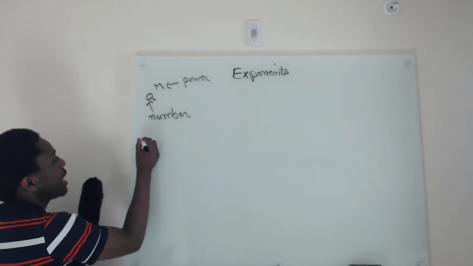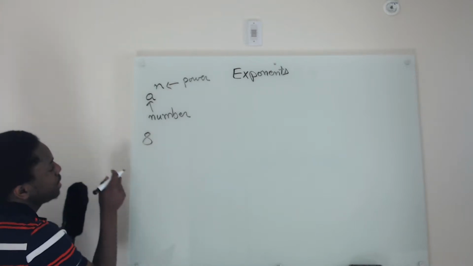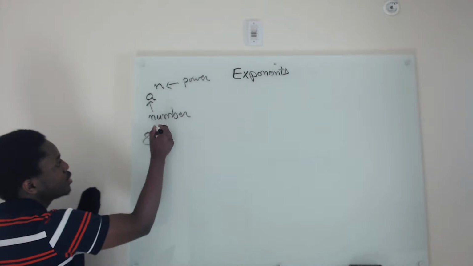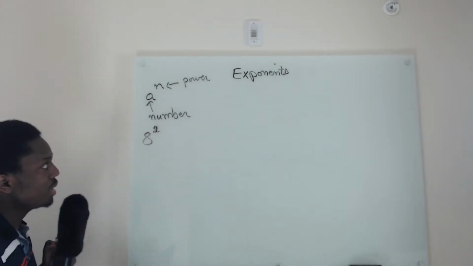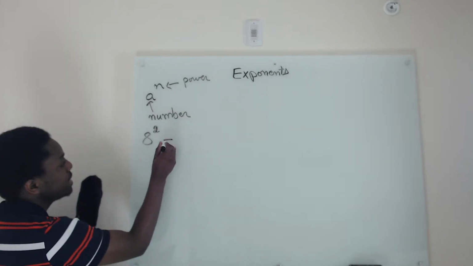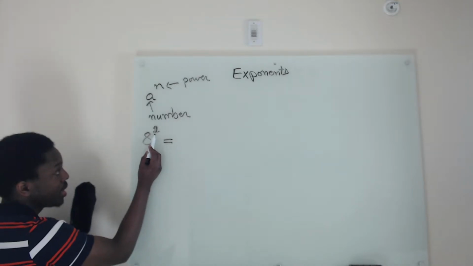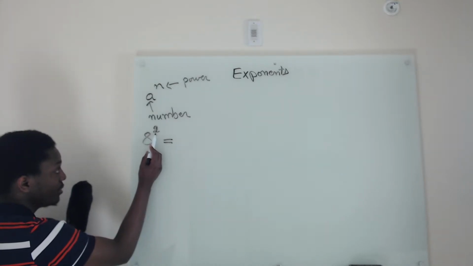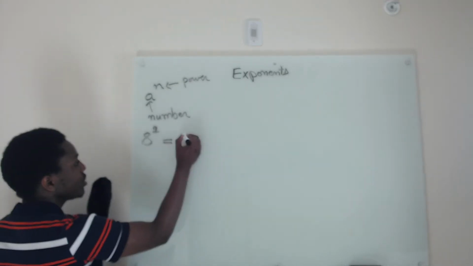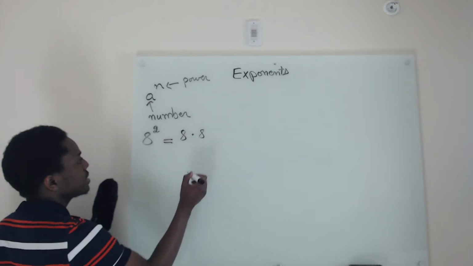So let's say you have 8, right? So 8 is a, and n, let's say for example 2, okay? 8 to the power of 2 means, since here is 2 and 2 represents the number of times 8 is being used in a multiplication, so the answer is 8 times 8.